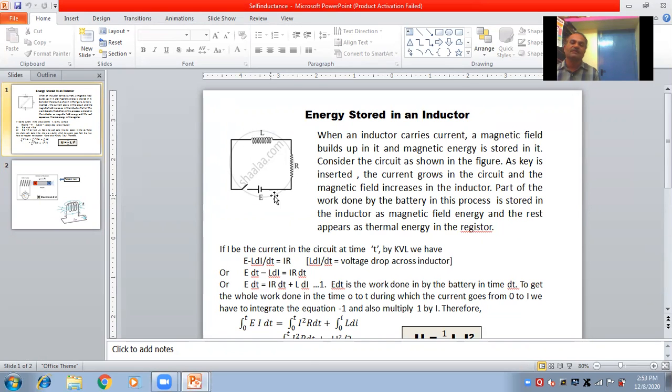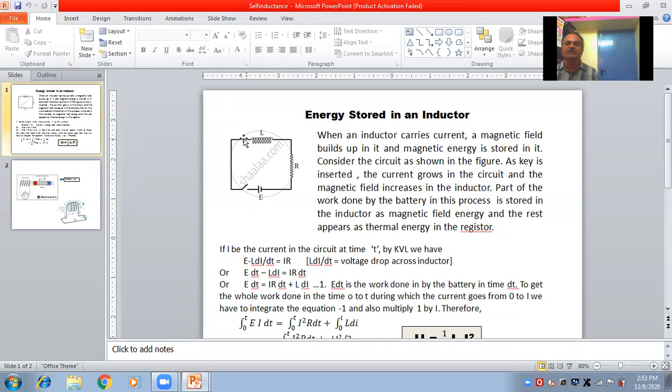In this diagram, you are looking at a simple circuit where a battery and a key are connected to a resistor and an inductor, all in series. When the key is inserted, the current starts flowing through the circuit, and the magnetic field in the coil starts building up.